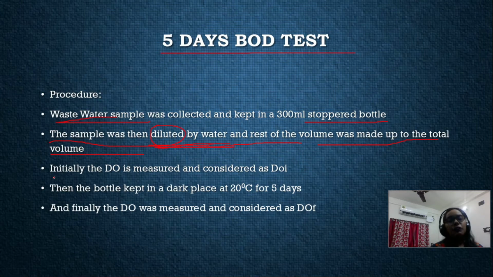After dilution of the wastewater sample with water, we have to measure the initial amount of dissolved oxygen, which is considered as DOI, dissolved oxygen initial. Okay, after measuring this, we keep the bottle in a dark place at 20 degrees centigrade for 5 days.